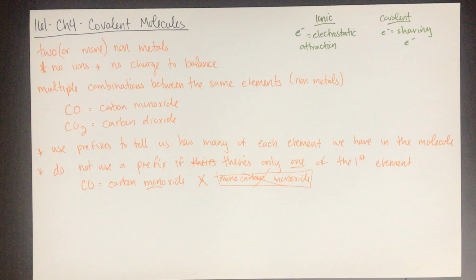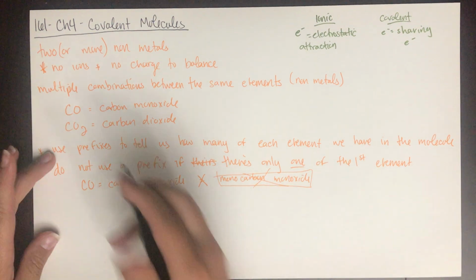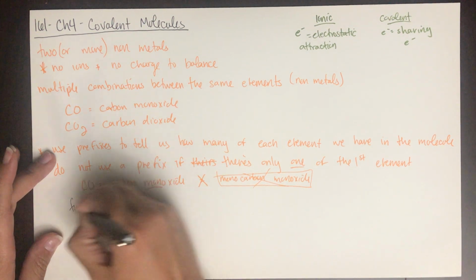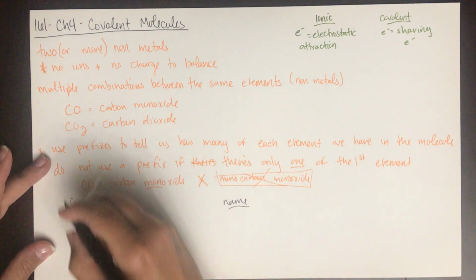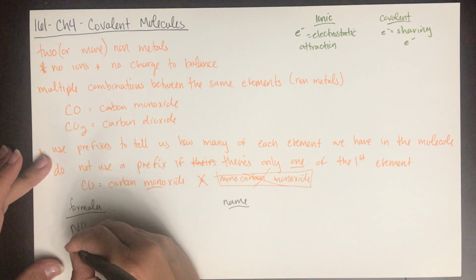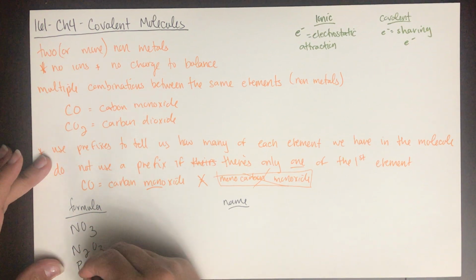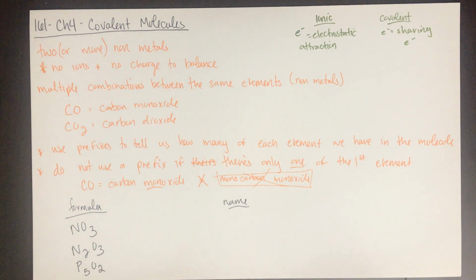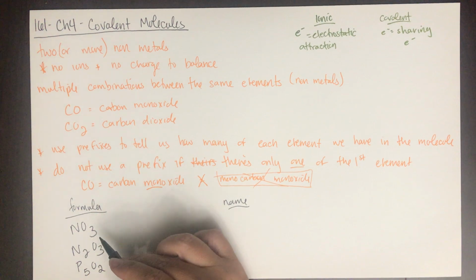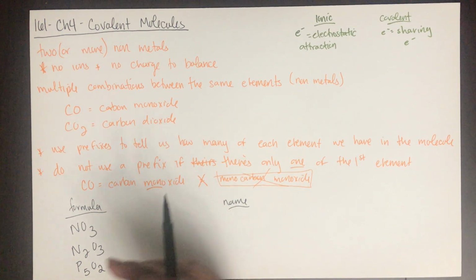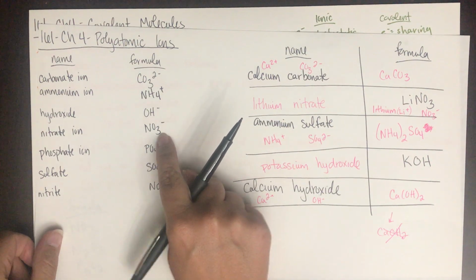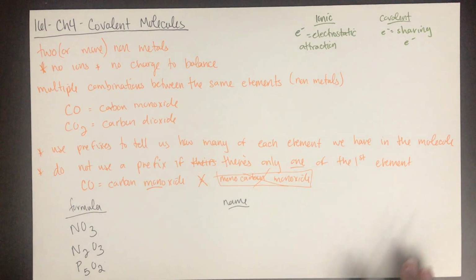Okay, so there's multiple different formulas that we can have. Let's just do a few. I'm going to write some formulas and we'll write the name. So NO3, this is not to be confused with NO3 minus. NO3 minus is the nitrate ion.